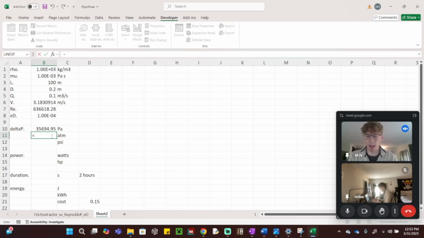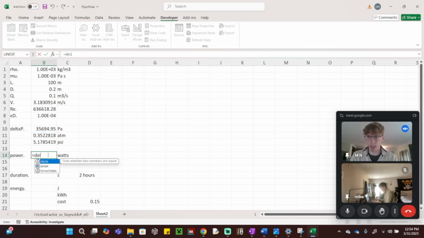And now we're going to convert that to atmospheres, so divided by 101,325. And then we're going to convert that to PSI, which is equal to this number times 14.7, which is 5.1.